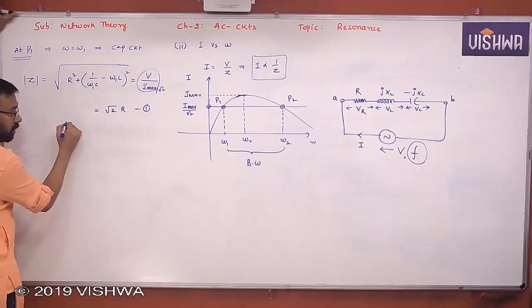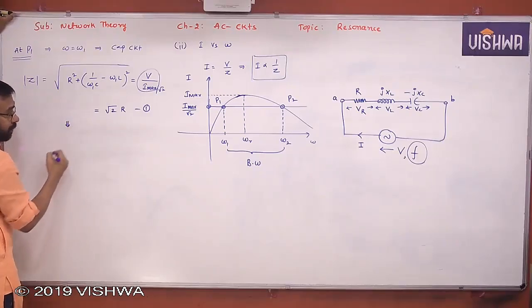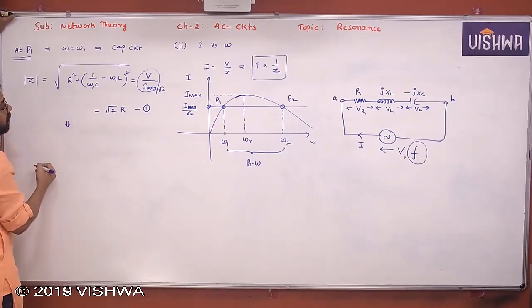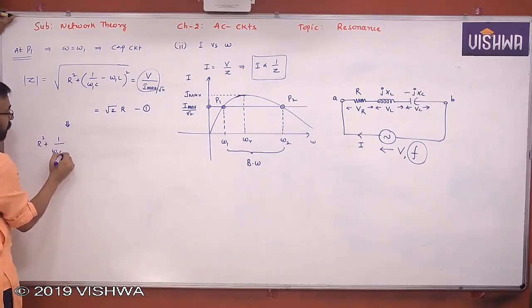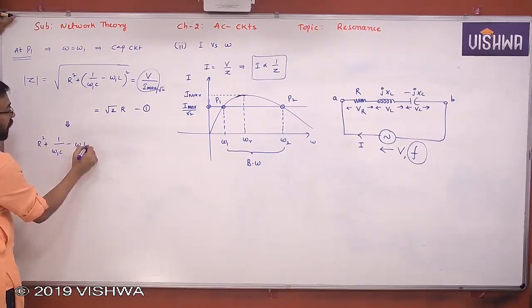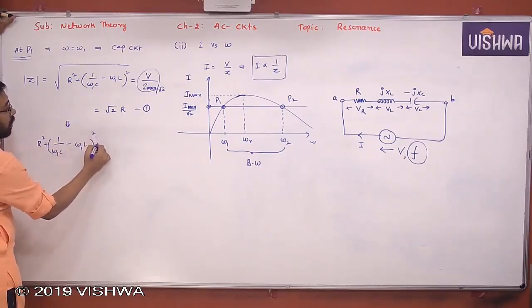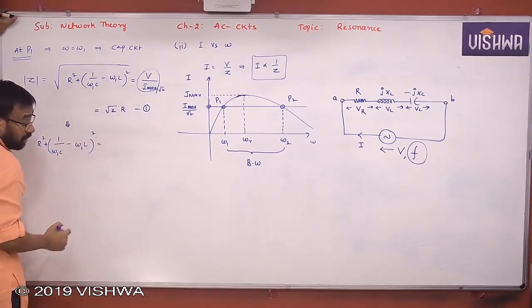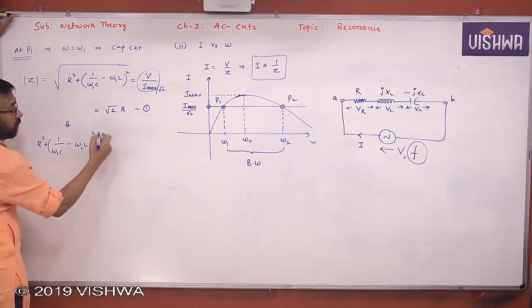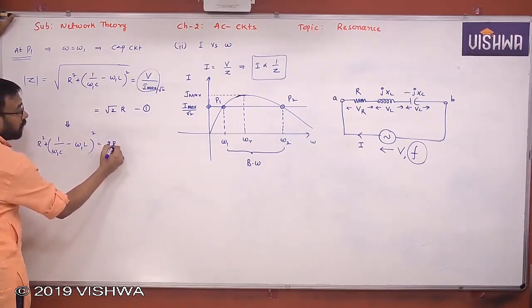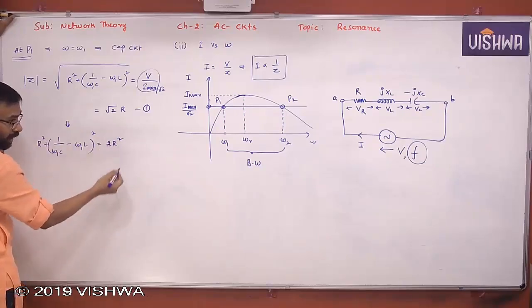From this, I can simplify it. R square plus (1 by omega 1 C minus omega 1 L) whole square is equal to, when you take square on both sides, 2R square. So R square will get cancelled.